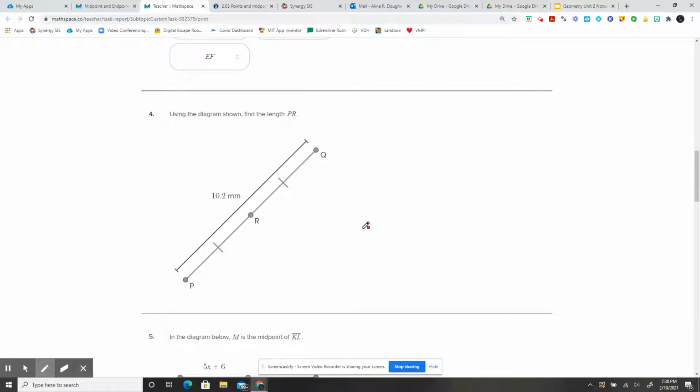This is where it gets a little bit different, and it should be pretty intuitive now that we've done segment bisectors, but just wanted to make sure. Using the diagram, find the length of PR.